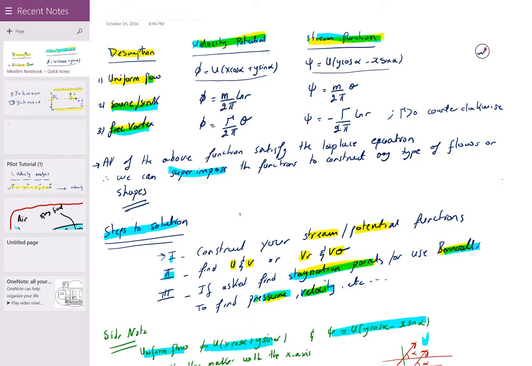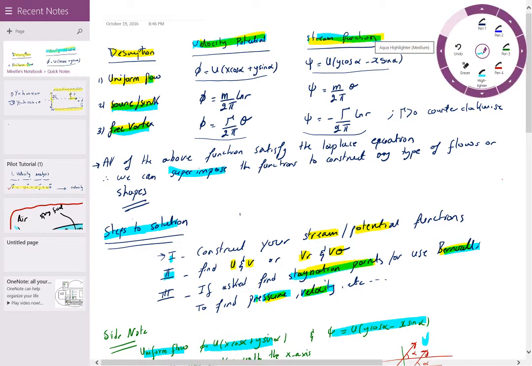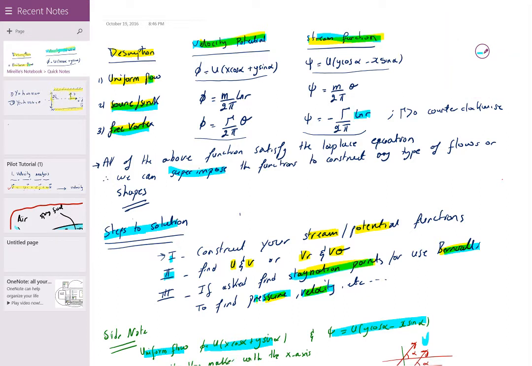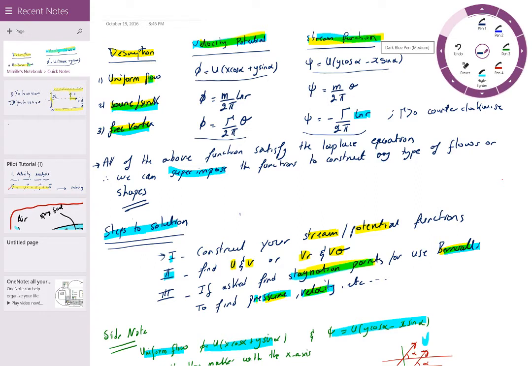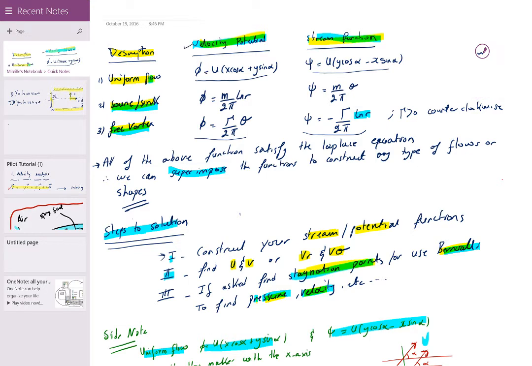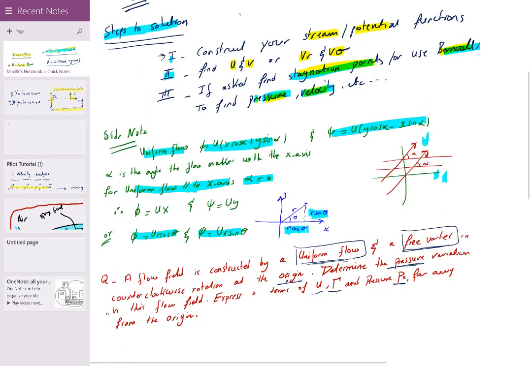And now for the free vortex, I can use the relation of the phi or I can use this relation. Now what I would do, I would avoid anything that has to do with natural log of r. I don't want to deal with this. You can do it if you want to, but myself, I don't want to deal with this. So my choice will be solving this problem using the velocity potentials. Okay, so let's start by step 1.